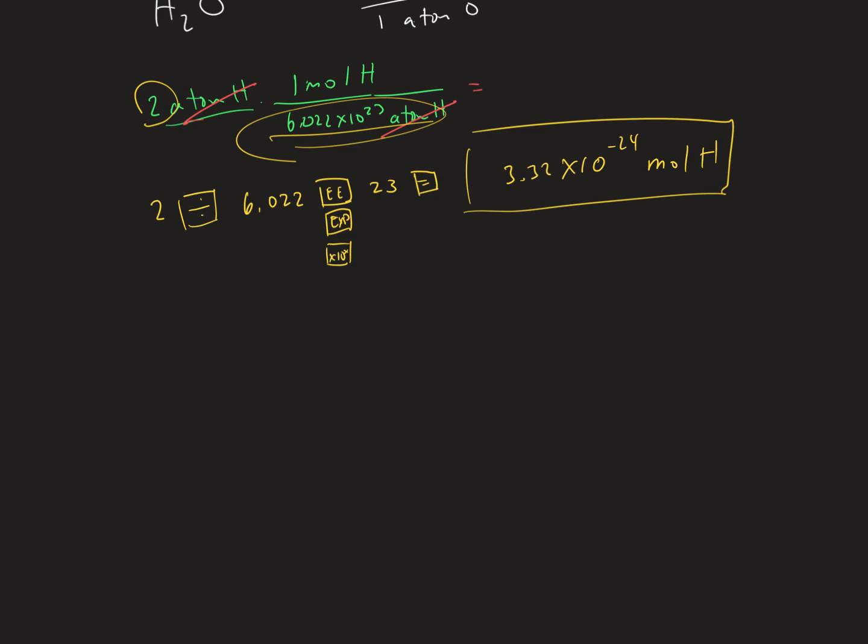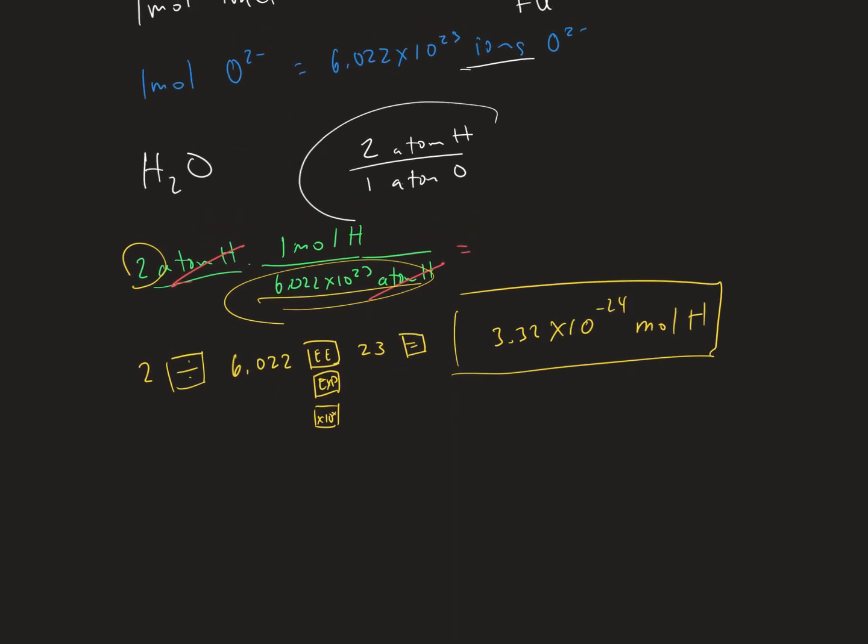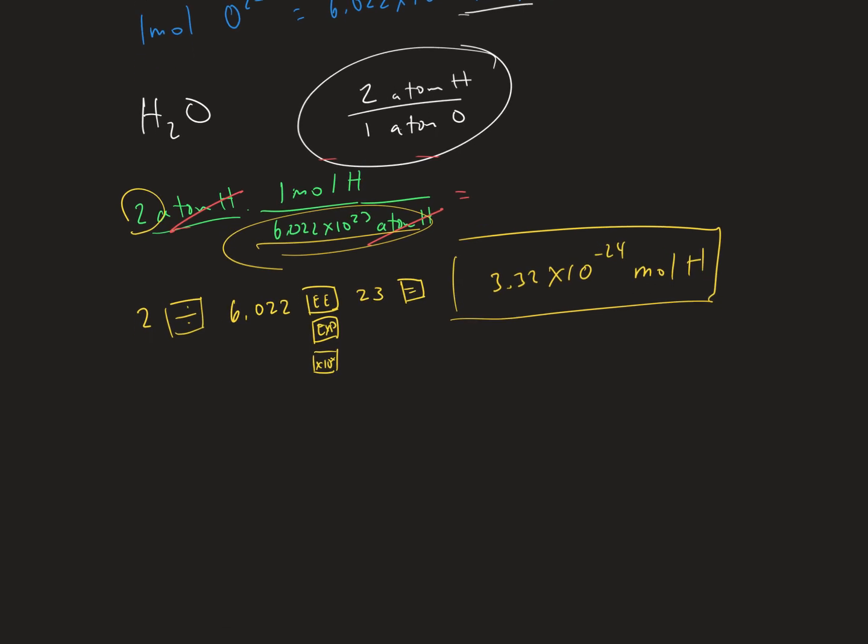Okay, now let's convert so that this water is 2 atoms of hydrogen to 1 atom of oxygen. We converted 2 atoms of hydrogen into moles of hydrogen. Now let's convert 1 atom of oxygen into moles of oxygen the same way, right? 6.022 times 10 to the 23 atoms of oxygen to 1 mole of oxygen.